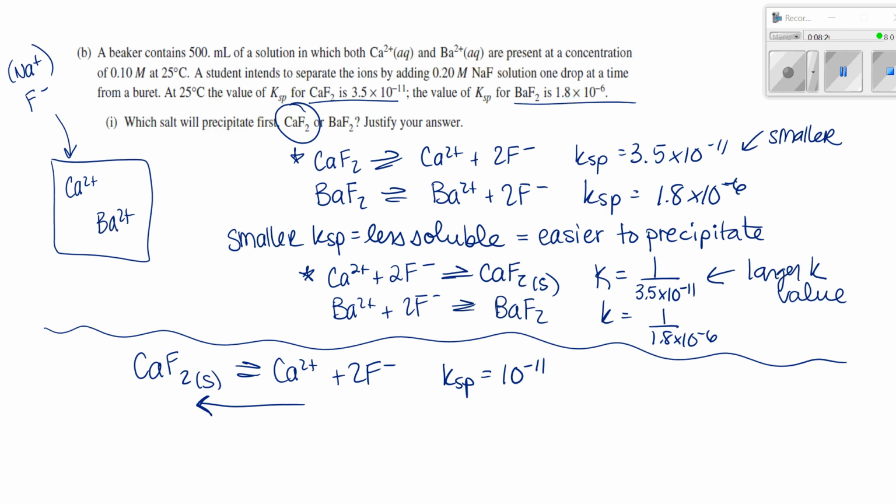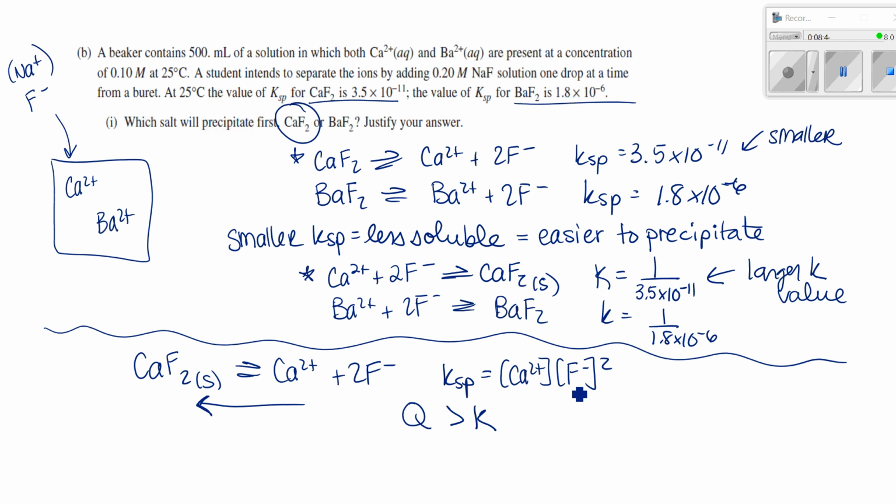And we know that a reaction will proceed to the left when Q is greater than K. Remember, the way you find Q is the same way in which you find K. You just plug the concentrations into this formula right here.